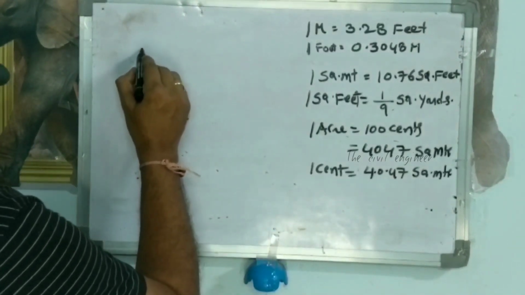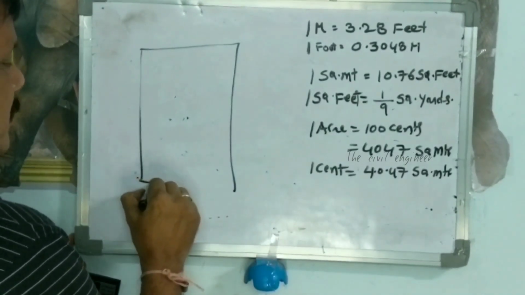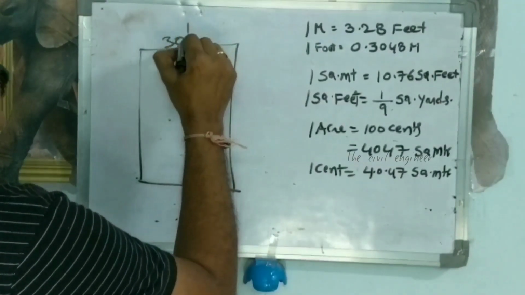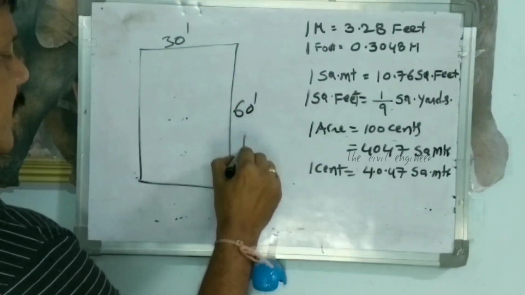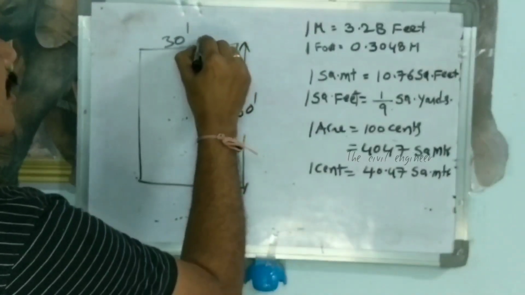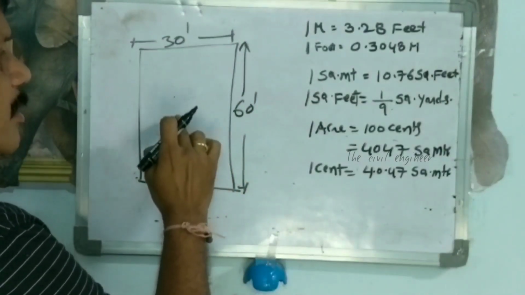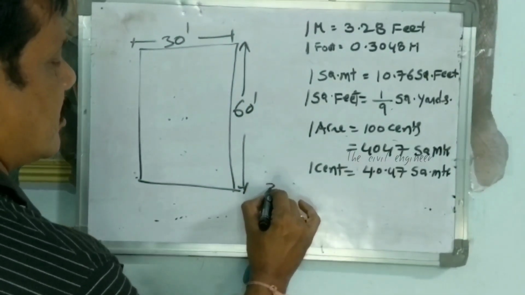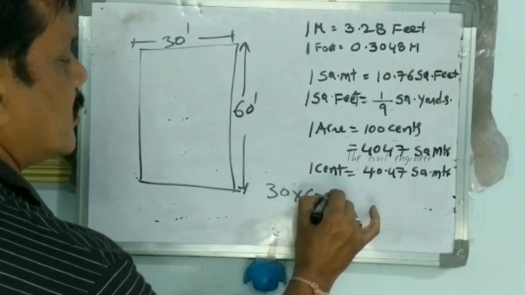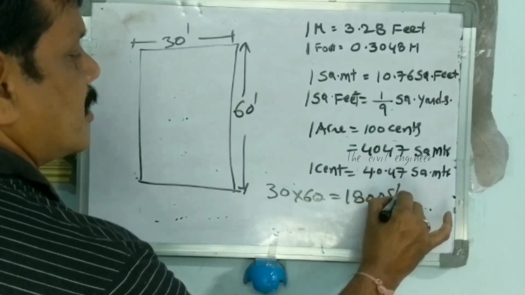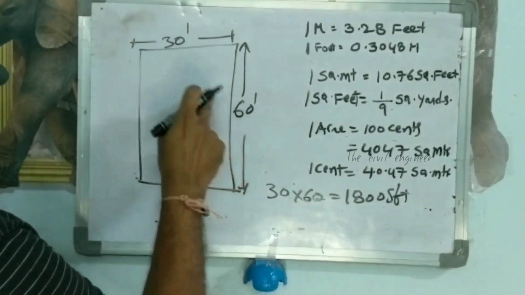Suppose let us take a site. If it is 30 feet by 60 feet, 60 feet length and 30 feet width, what is the total area? The total area is 30 by 60, that is equal to 1800 SFT, because these are all in feet.